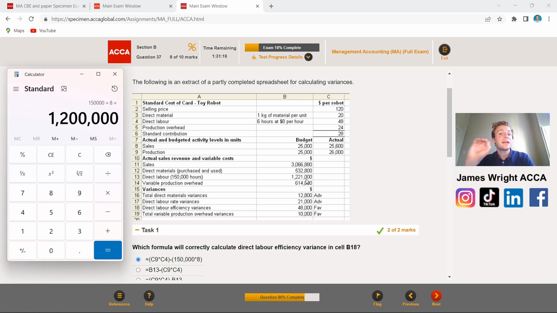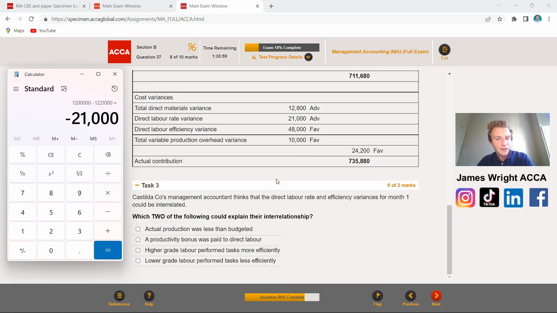That is what we would expect to actually be paying for the direct labour. However, what we did pay was, let me put it in the calculator, 1221, and then 3 more zeros on there. That is 21,000 in additional cost, which gives us that a productivity bonus was paid to direct labour.